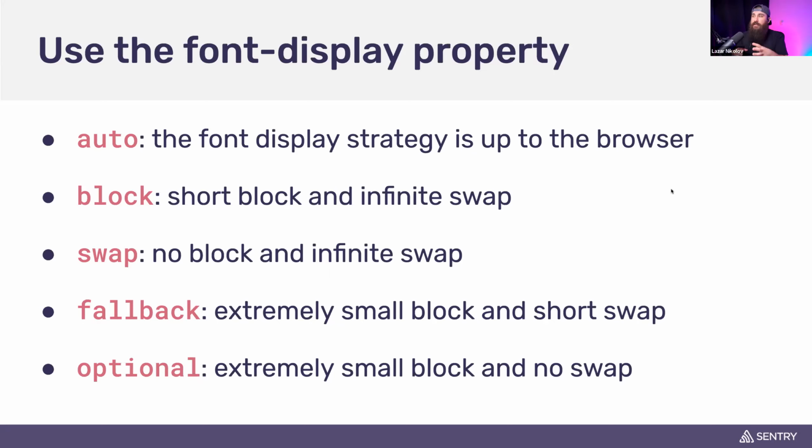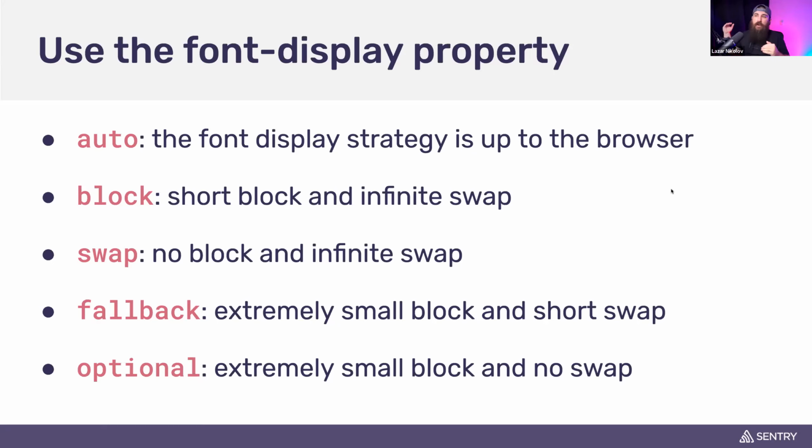I have a chart prepared on the next slide, which will make things much clearer. But let's just go through them now. There's the swap font-display value, which means no block and infinite swap. No block means the browser immediately renders a fallback font.